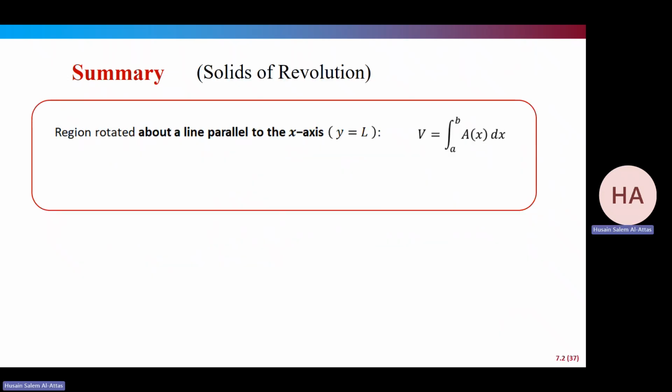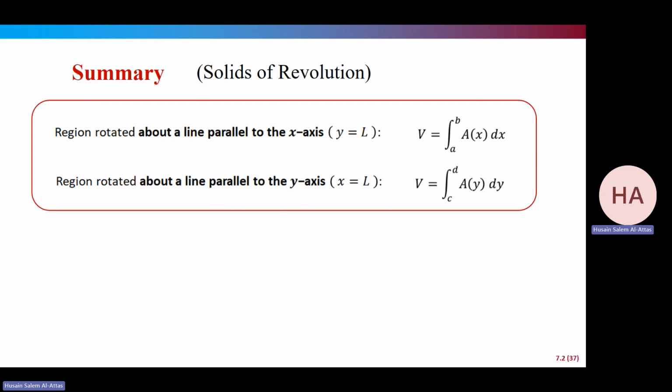Now also, if we are doing a region where the rotation is about a line parallel to the x-axis, y equals 0, y equals 2, y equals something, then the volume will be in terms of x. You have A of x dx.